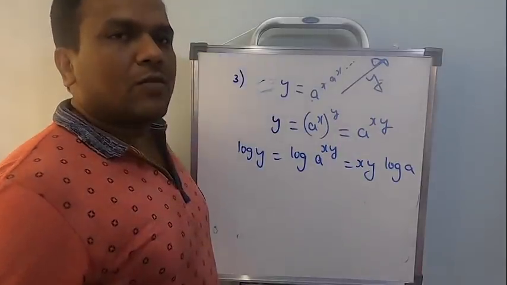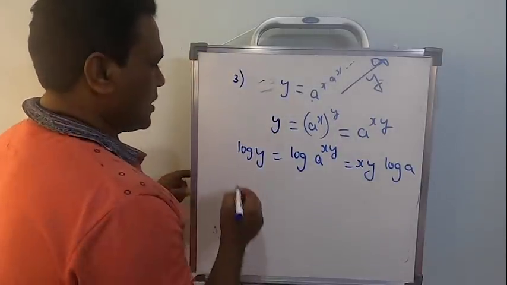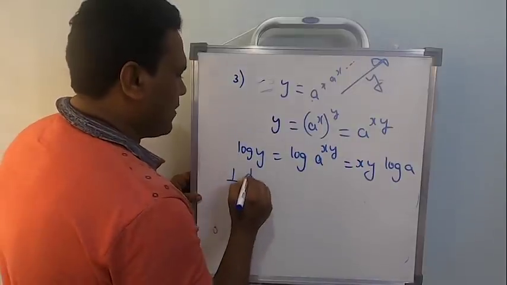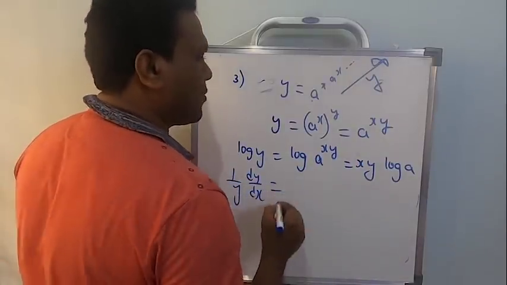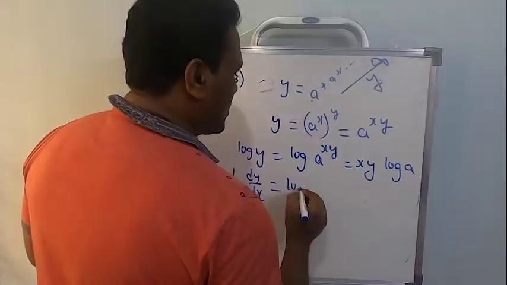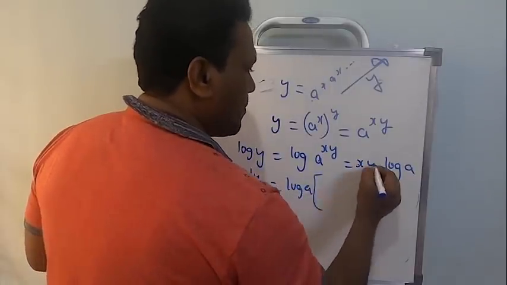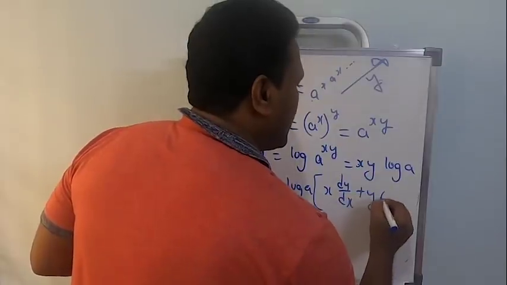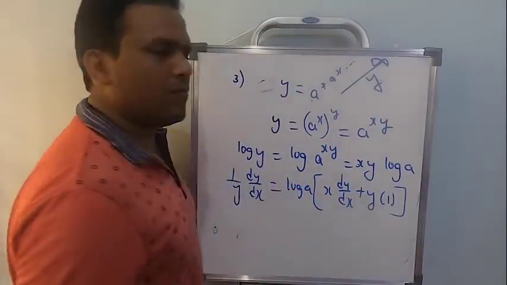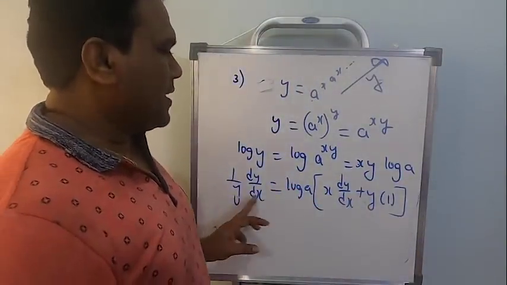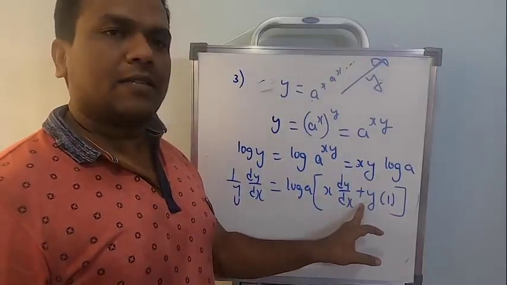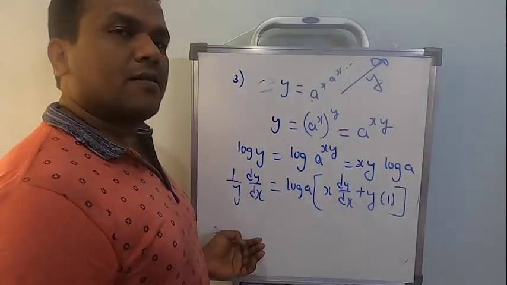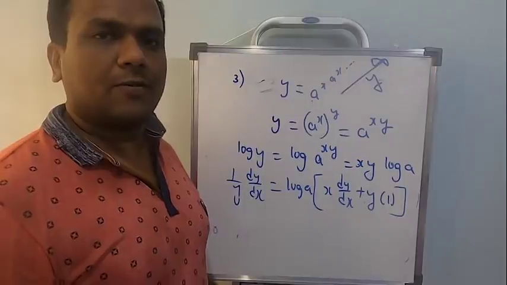On applying the log, the things will become simple. So the left hand side differentiation is 1 by y dy by dx, equal to, now here log a is a constant, write it down first, and apply the product rule: x into dy by dx plus y into differentiation of x, which will be 1. So we have a dy by dx term on the right side, so collect the terms of dy by dx and then simplify further.